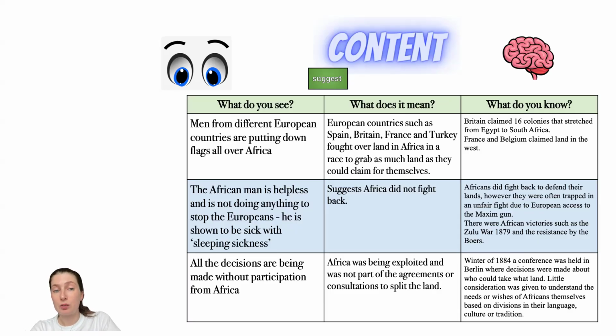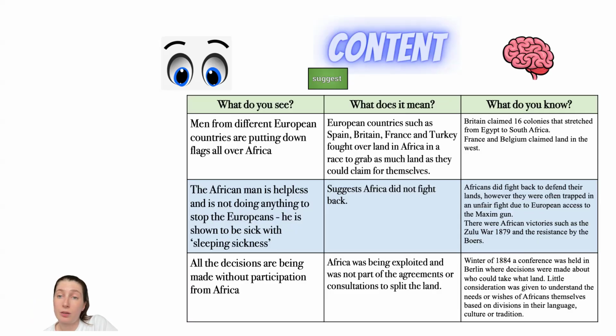And so I think in both of these cases, we can say that this source is very useful to us because it's presenting factual evidence that we know to be true. Now, the middle one I've put in blue because this is more of a limitation, because actually the source is presenting some slightly incorrect information. The point that the man that represents Africa is shown to have sleeping sickness might suggest to us that Africa didn't really fight back.